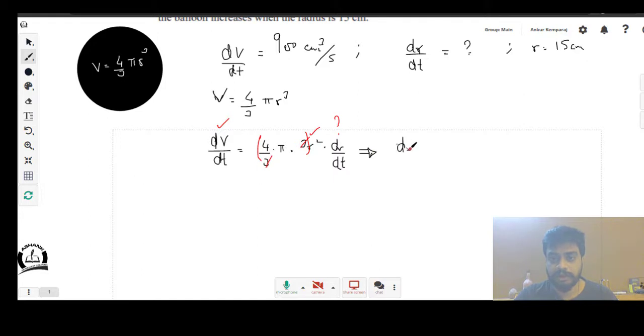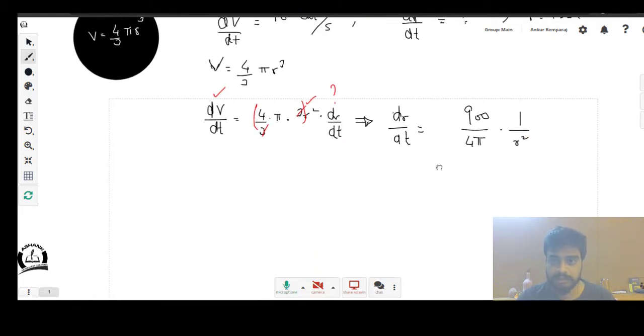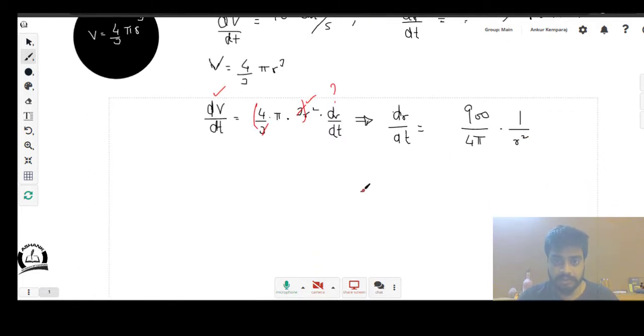Find out what your dr by dt is. That will be 900 cubic centimeter per second divided by 4 pi into r square. Right? That's pretty much it. So get it sorted and you are good to go.